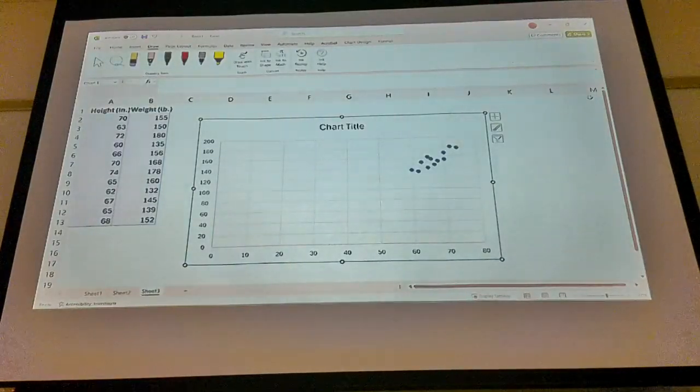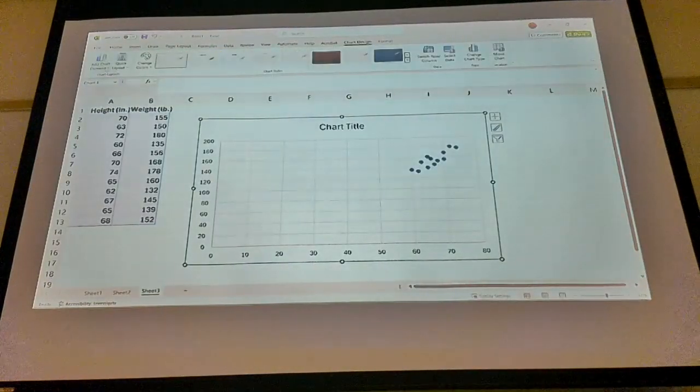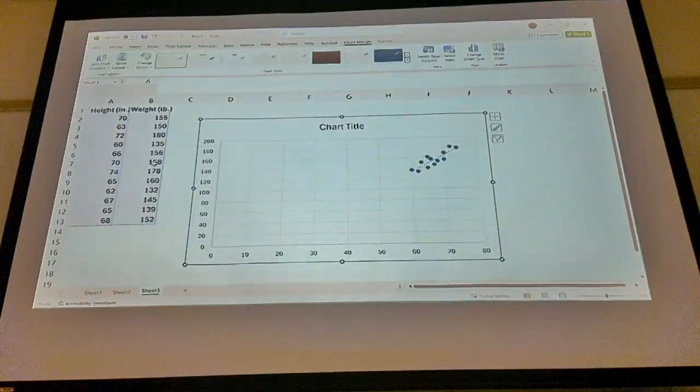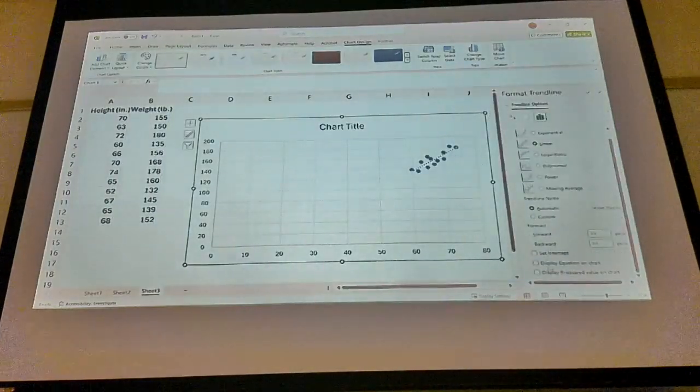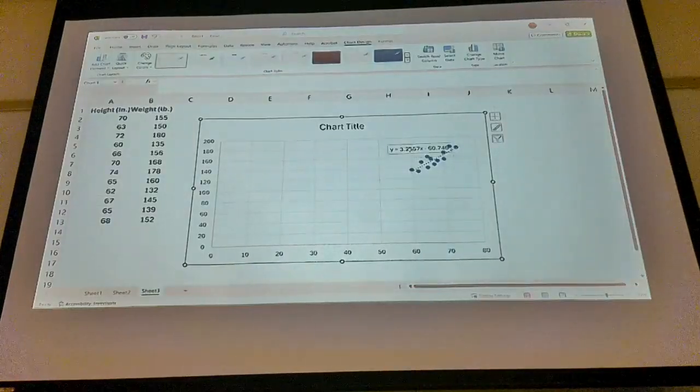Chart design, add chart element, trend line, linear. Double click the line, display equation. We also want to add the axes, right?